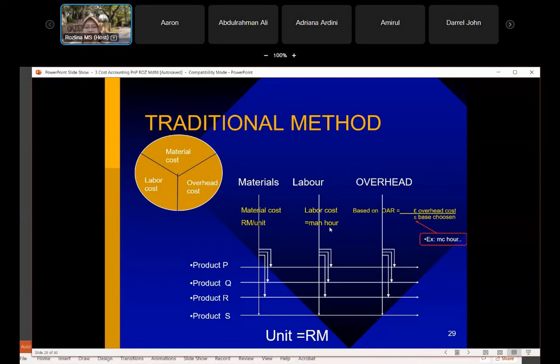As for labor, you have the labor cost based on man hour, you just distribute to the products. But now overhead is the issue, because for overhead you have to calculate something before you go to the OAR. You have to calculate something to distribute the cost to the cost center.